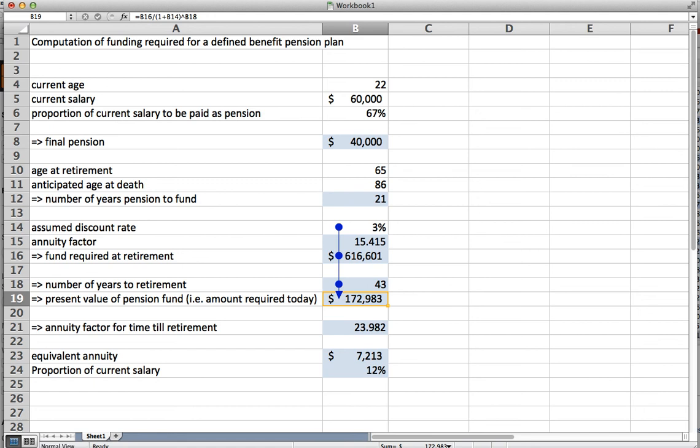And if they do it through an insurance company, in effect they can spread the risk, so if they live until they're 100, they can carry on drawing a pension of $40,000 for not 21 years, but 35 years. On the other hand, if they only survive until age 70, that's a bit of a shame. They're only going to get the pension for 5 years rather than 21 years.